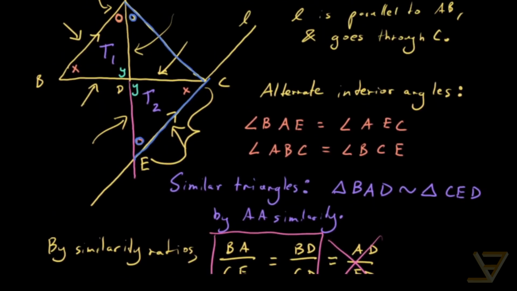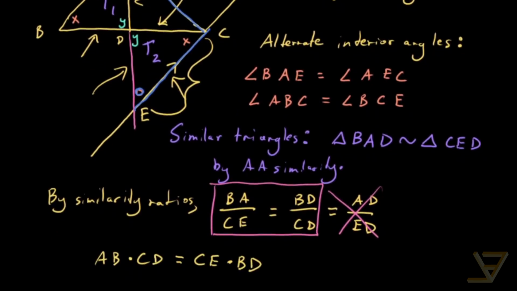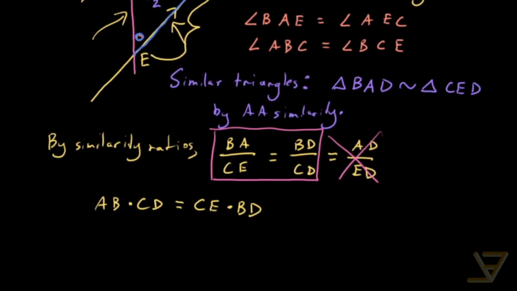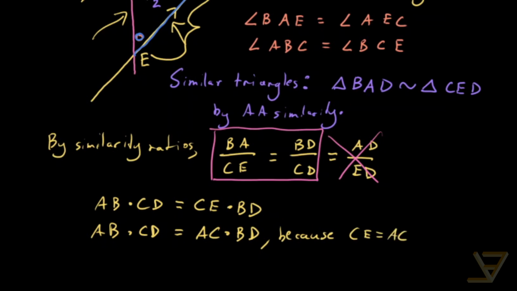So we can substitute in AC for CE. So we get AB times CD is equal to AC times BD, because CE is equal to AC. So that's our angle bisector theorem, this theorem over here.